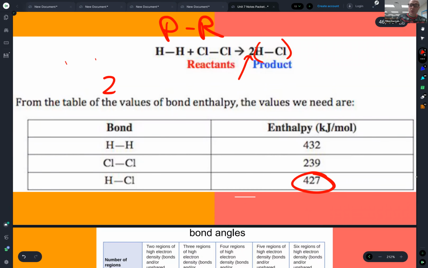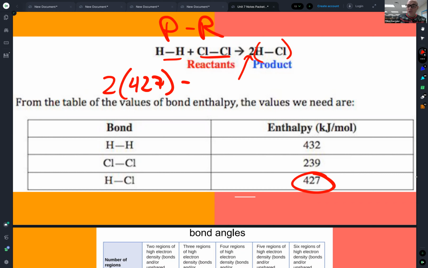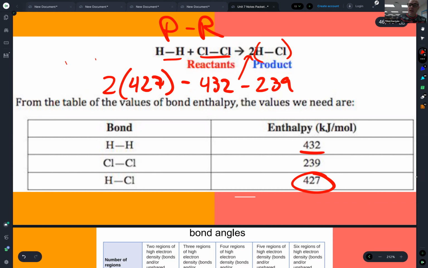So it's going to be 2 times 427 minus, now we've got the heat that is going to be necessary to break apart the hydrogens and the chlorines. So the hydrogens, 432. I don't need to multiply it by 2 because it's already got the 2 H's, and minus 239 for the chlorines. So we're simply going to add all those values together, subtract them where necessary.